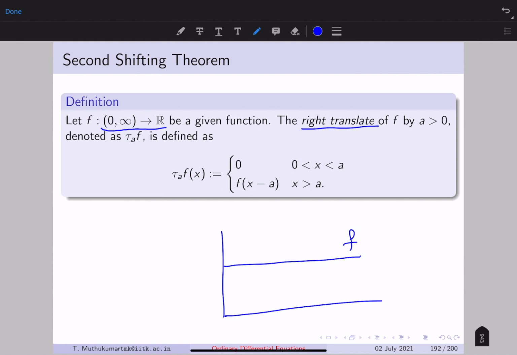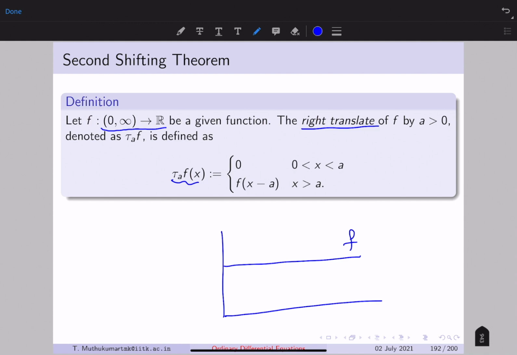That is the right translate of f, which is denoted by tau a f. So this a subscript denotes that you are translating. Tau is the Greek letter for t, which is translate. So this a represents the fact that you are translating by a amount.